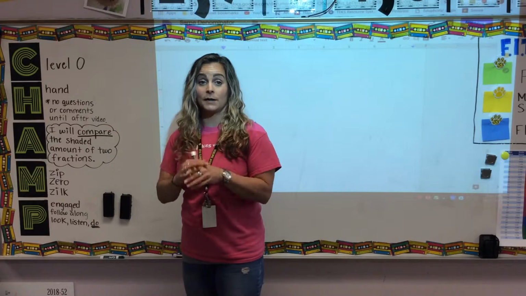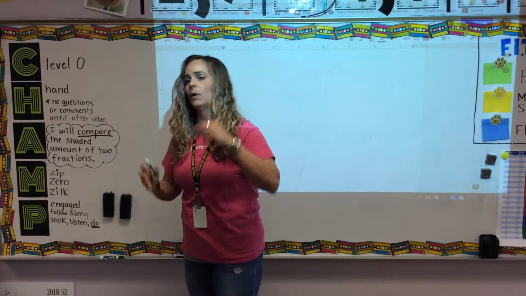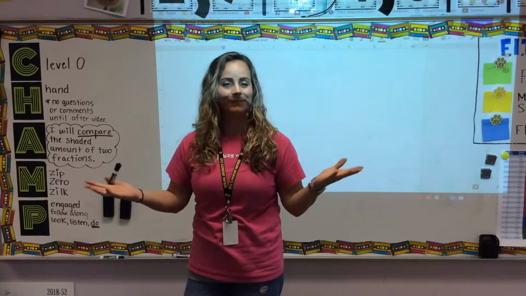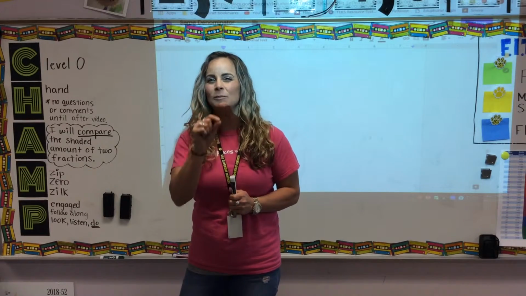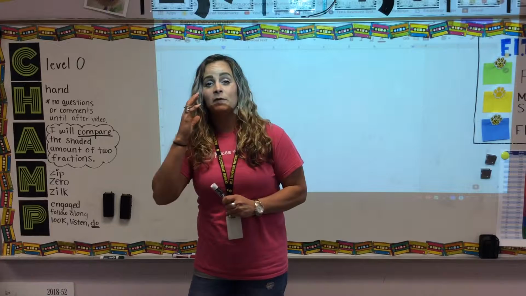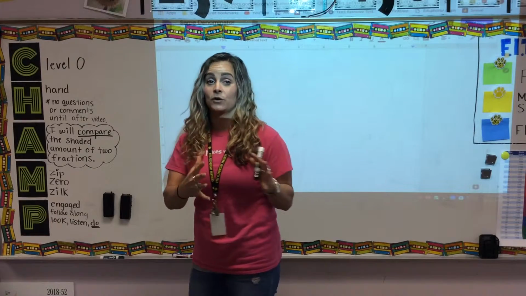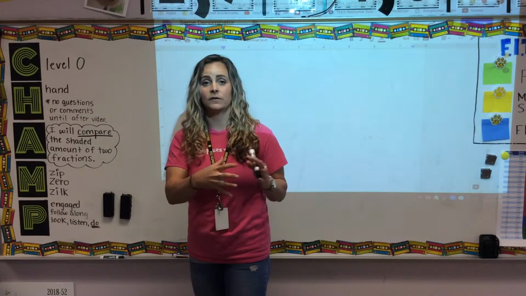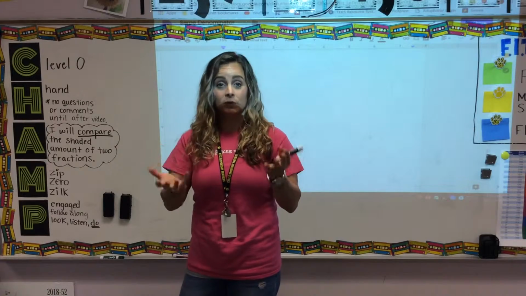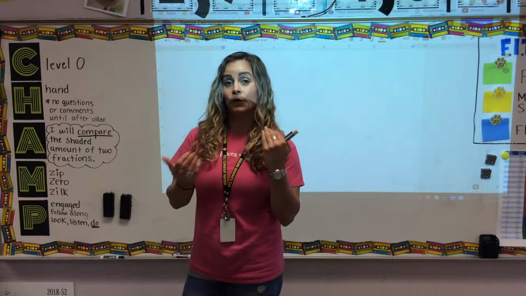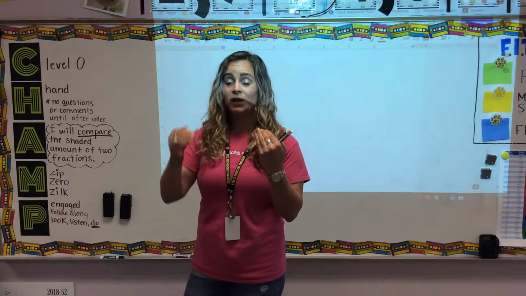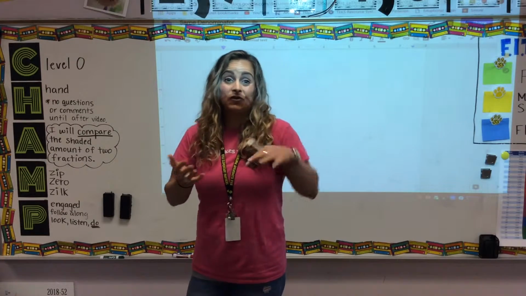Assignment-wise, we're moving away from, well, we're not moving away from fractions. There's a lot to do. But we're going to do something a little bit different. Instead of finding equivalent shaded parts, we're going to compare two fractions like we've been doing, and you're going to look and see which shaded part is the biggest and which is the smallest.